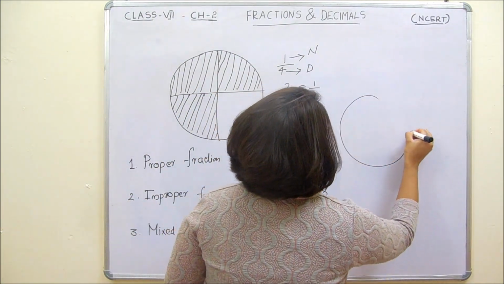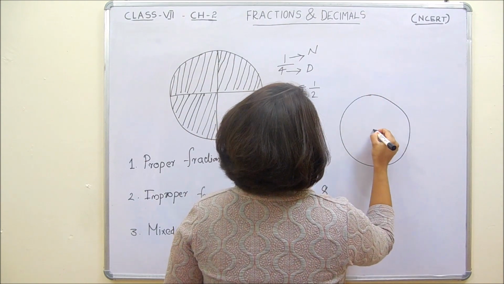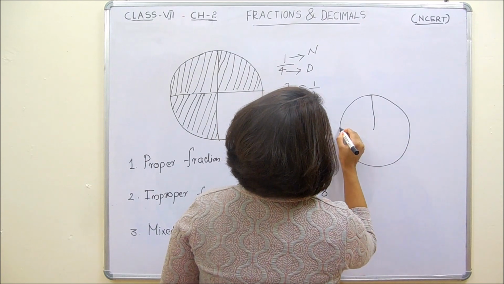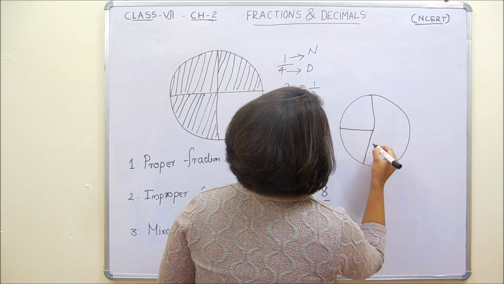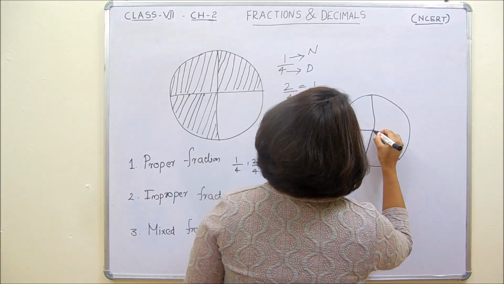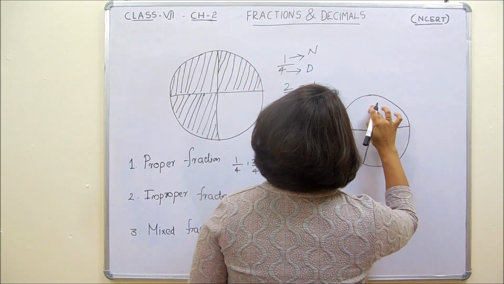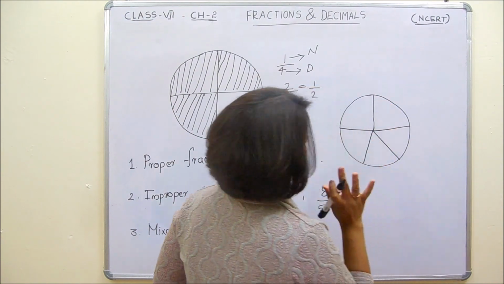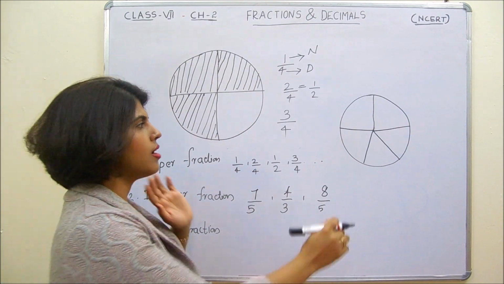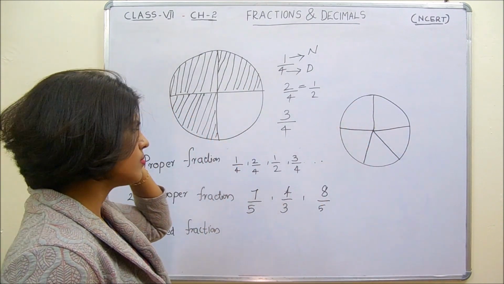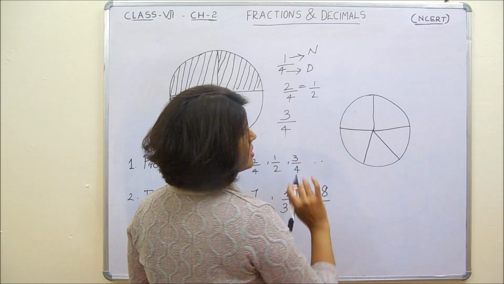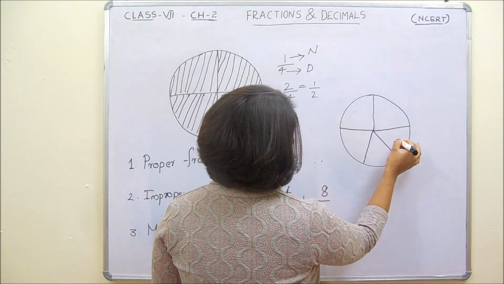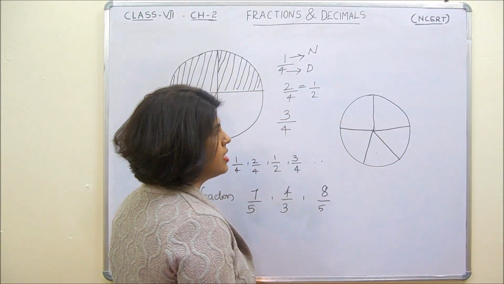If we are considering a pizza and dividing it into 5 equal parts: 1, 2, 3, 4, 5. Not exactly equal, okay, suppose. So there are 5 equal parts, and each part represents 1 by 5, right? This is 1 by 5, again 1 by 5, and so on.